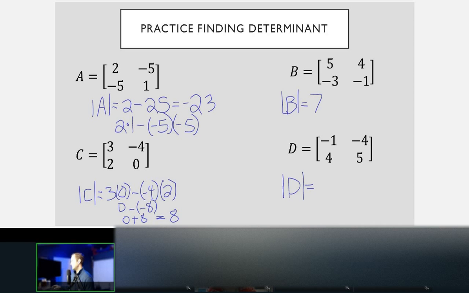So I believe it to be also positive 11. Yeah, so if you did not get positive 11, double check your work. And if you didn't show work, make sure you do. So I'll show this work for this one. It's like some of you got something else other than 11. You can't believe you missed it. Yes, the answer is 11.